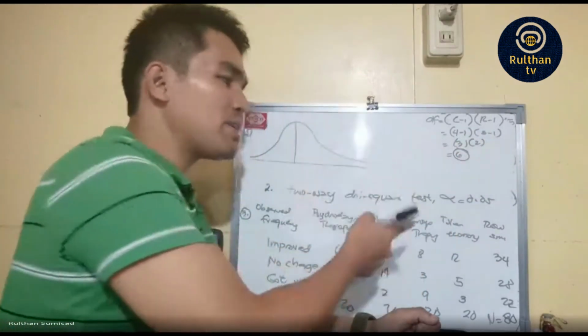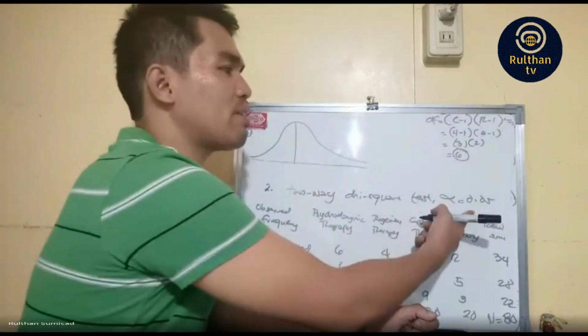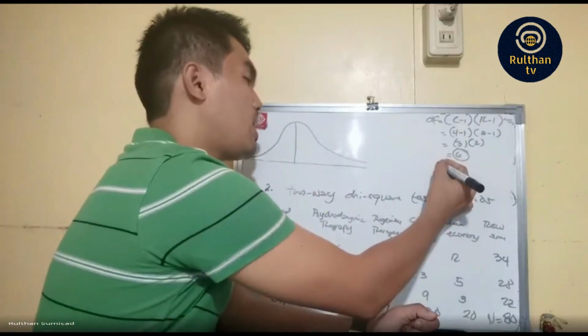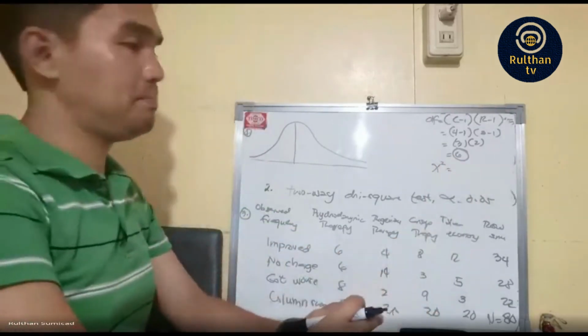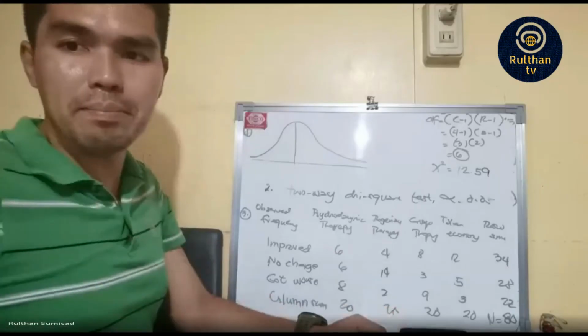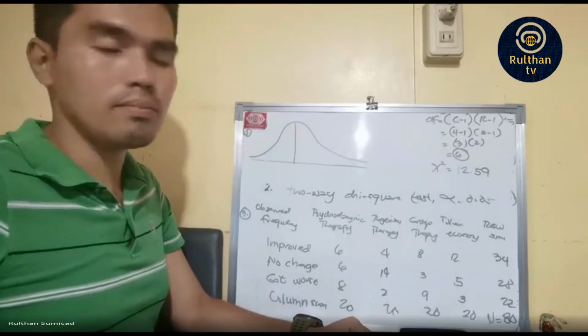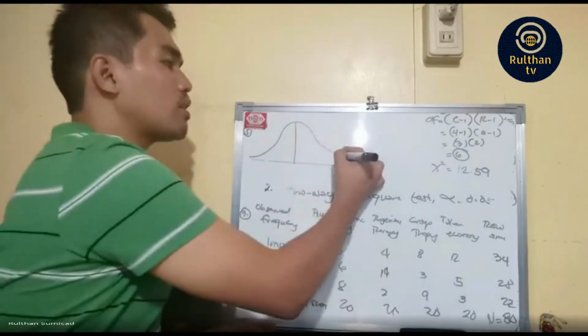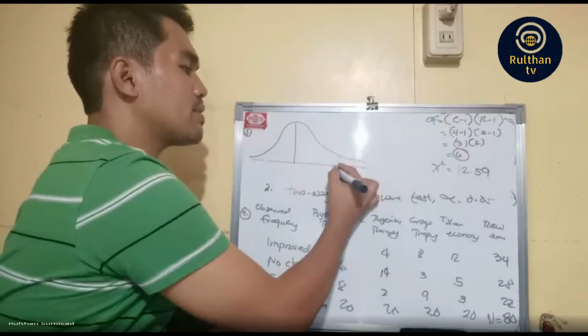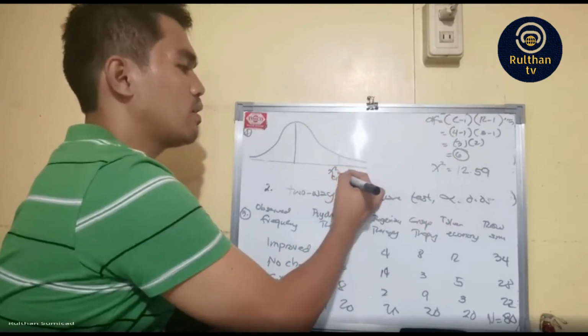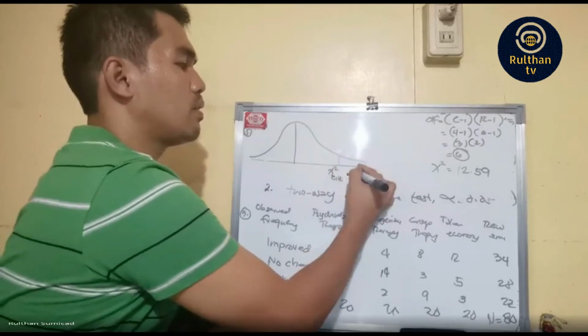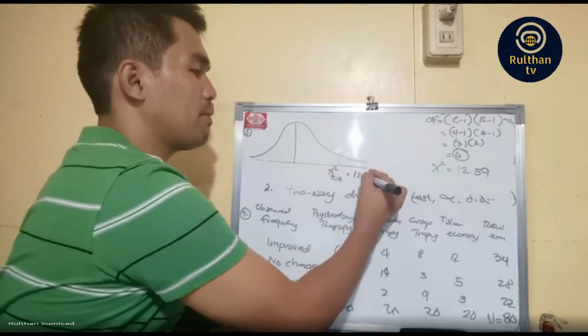And then we set our alpha at 0.05. What is our chi-square critical on the table? 12.59. Okay, so we will set that one here. This is the critical value of chi-square, 12.59.